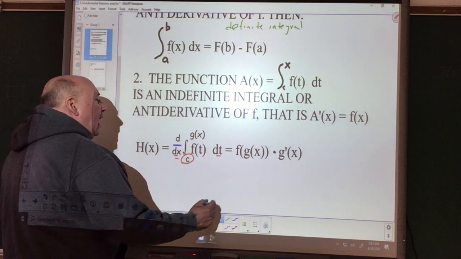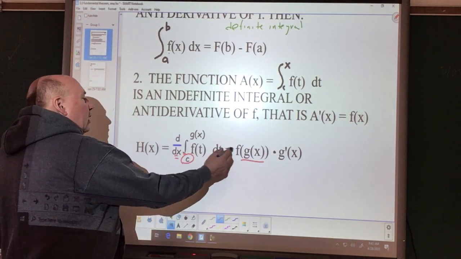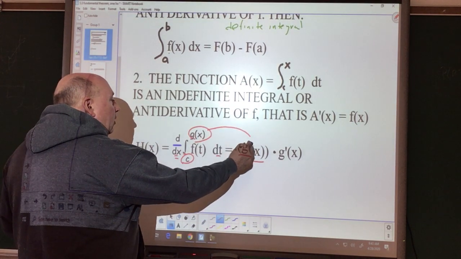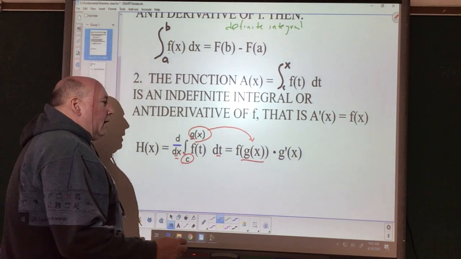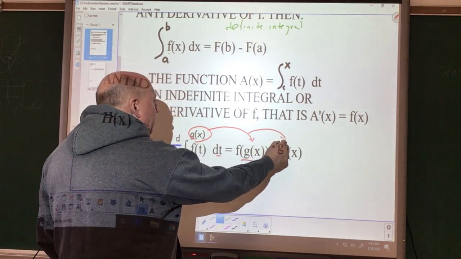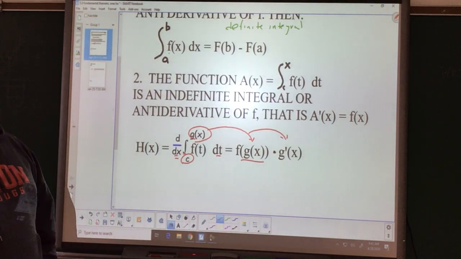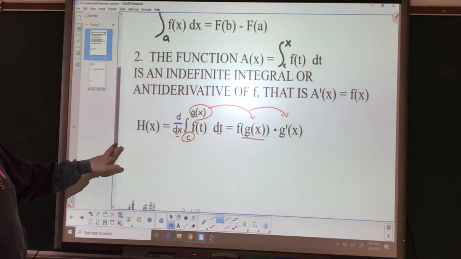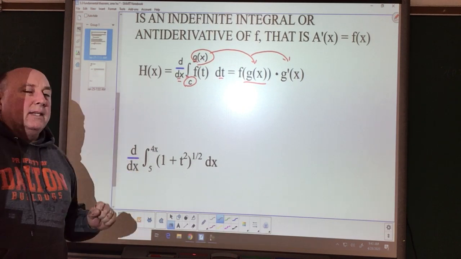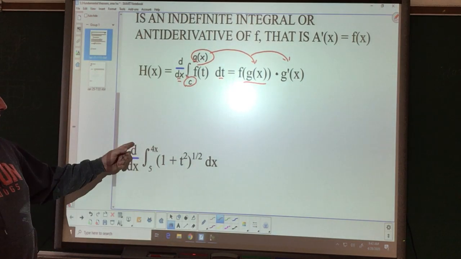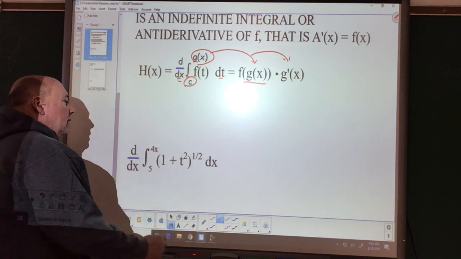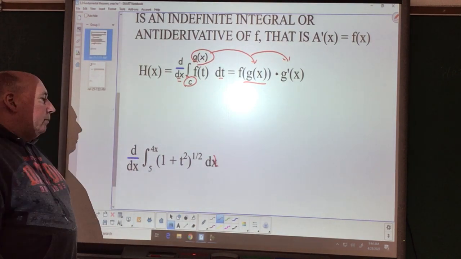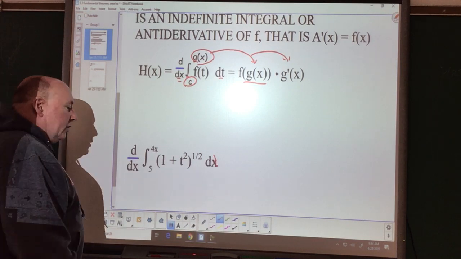We have to evaluate our function here at g of x and then apply our chain rule, which means I'm going to multiply by the derivative of my g of x. It's not as hard as it looks. If I have the derivative with respect to x of my integral, and this should be dt.